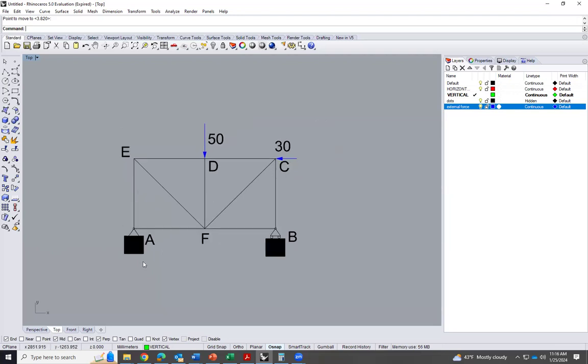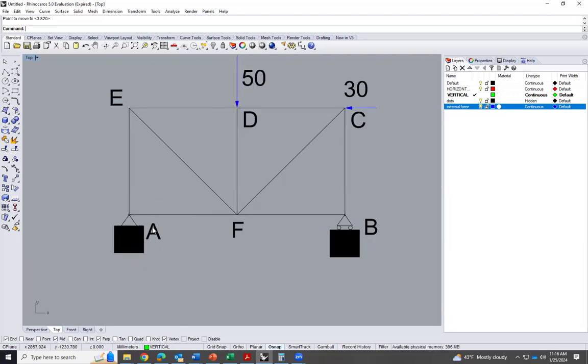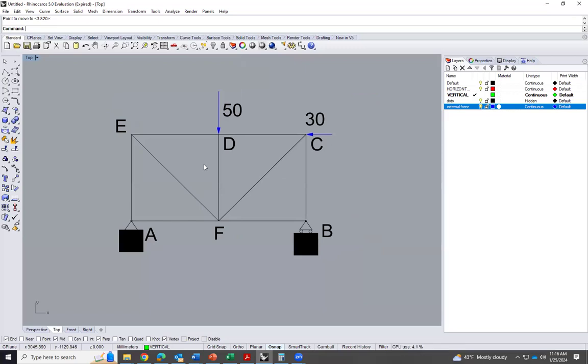Okay, let's do it. First, we have to calculate the effect of the external forces on that geometry and the effect that those external forces have at these points.